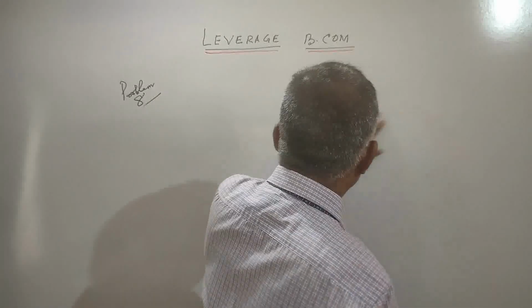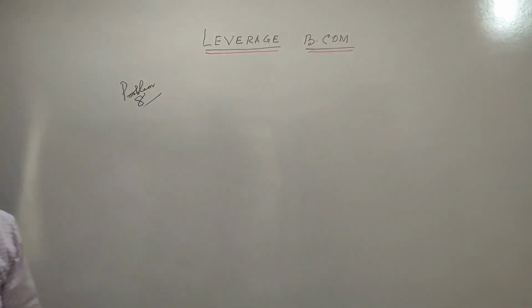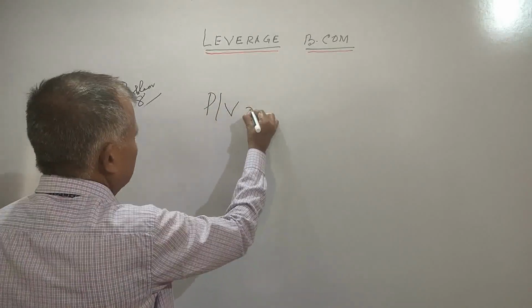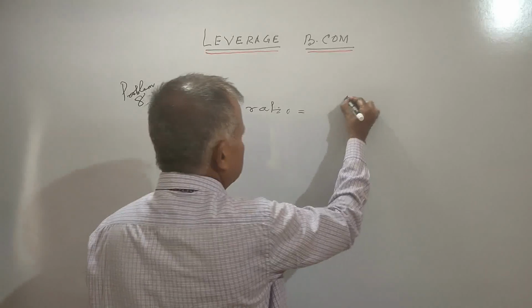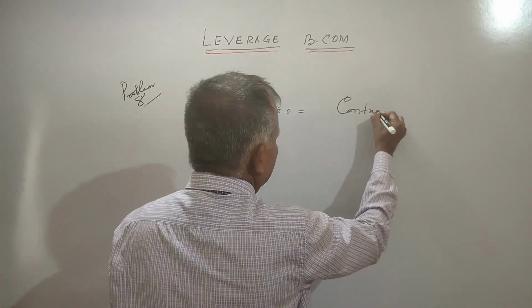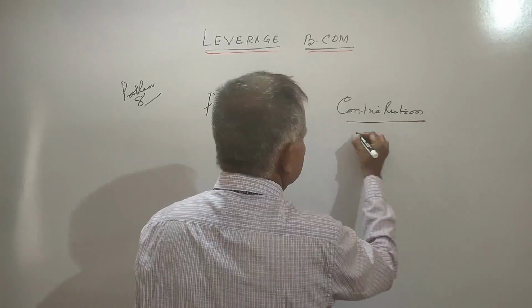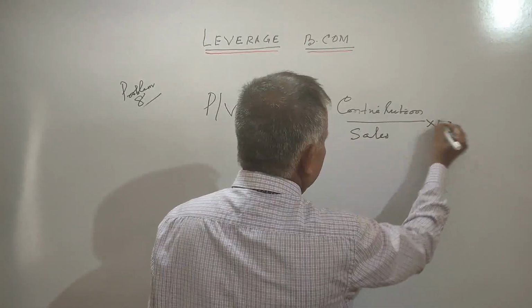Now we have to find out, so we found out the EPS. We have to find out the PV ratio. So PV ratio, all of you know, this is contribution by sales into 100.